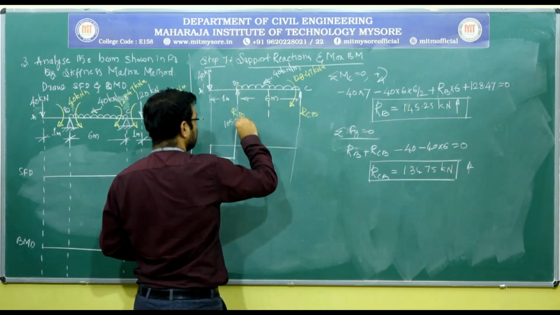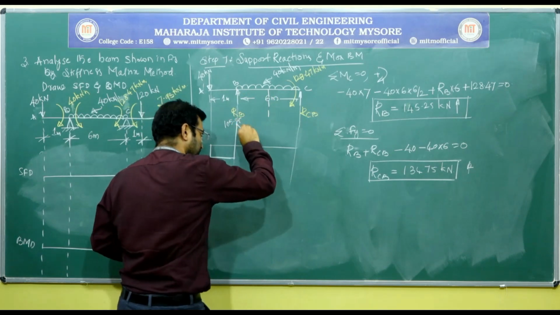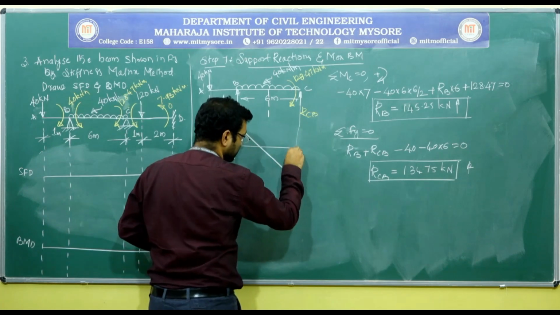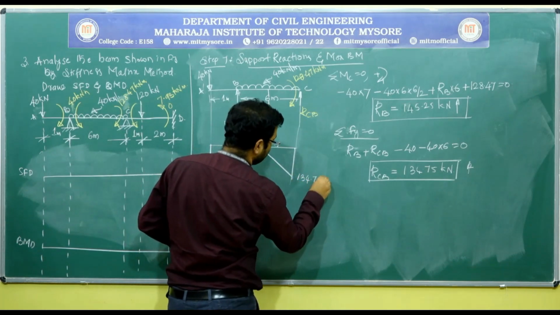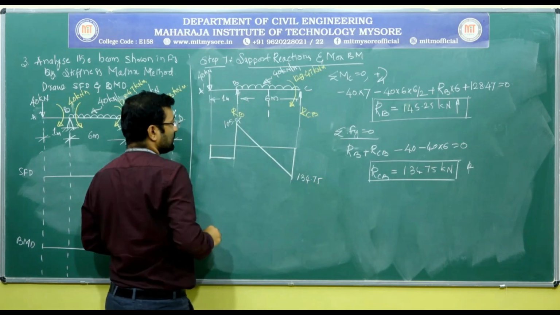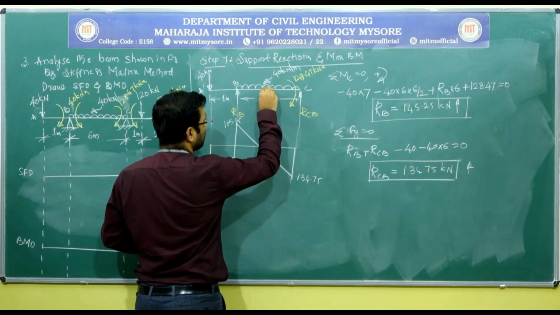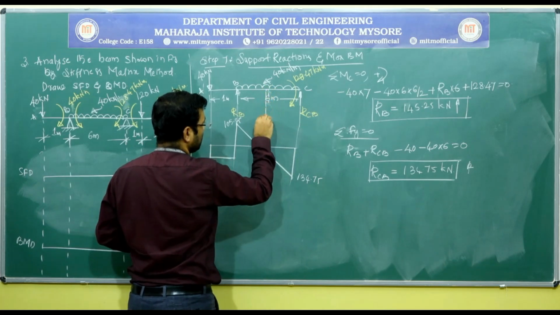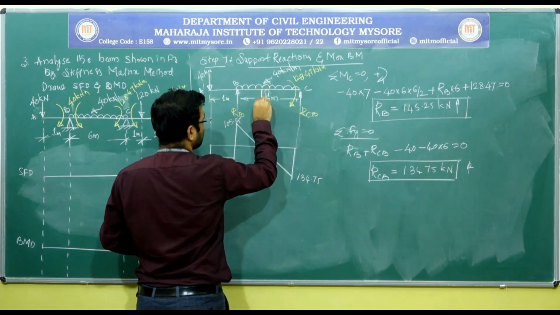So from here we have a linearly varying load, and this is somewhere about 134.75.